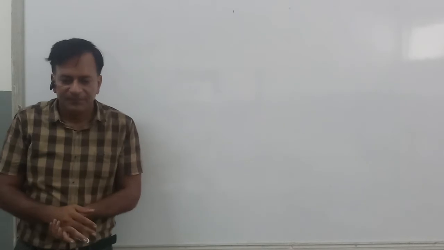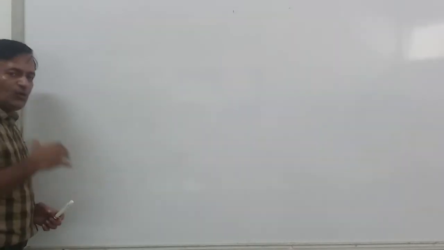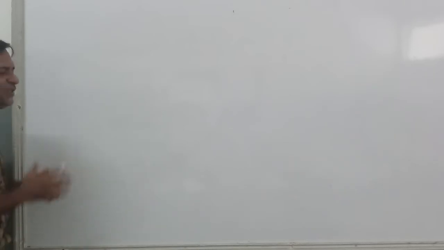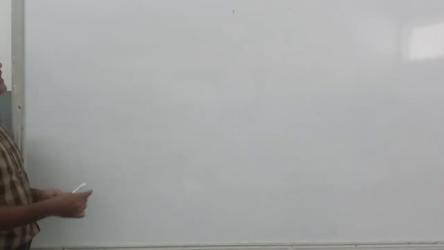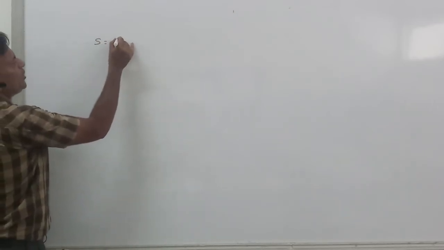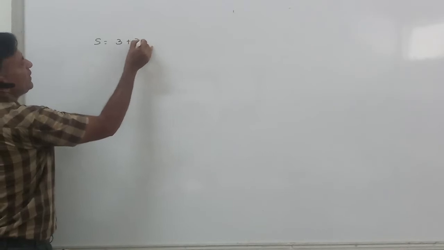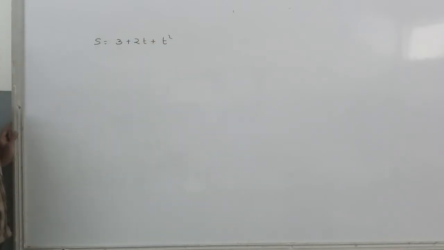And now coming to motion, how do we apply differentiation in motion? You have to hear the question properly. Suppose that the distance covered by an object is equal to 3 plus 2t plus t square.